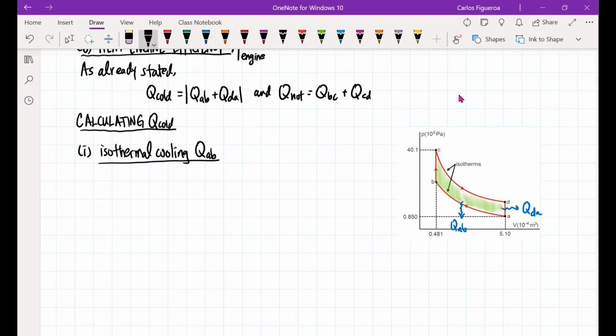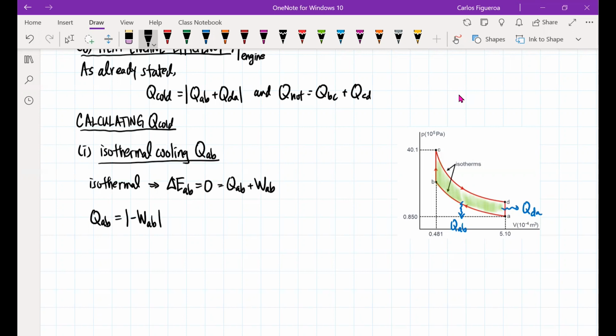So for an isothermal process, we know that the internal energy change from A to B has to be 0. So if I look at QAB plus the work AB, I can rewrite the heating in terms of the work. So QAB has to be the absolute value of the work AB.